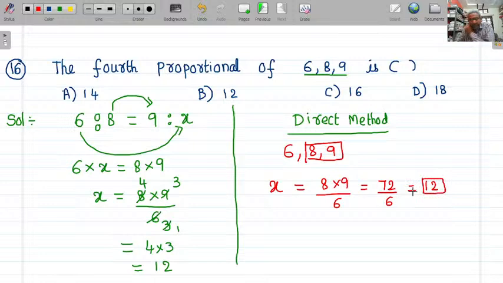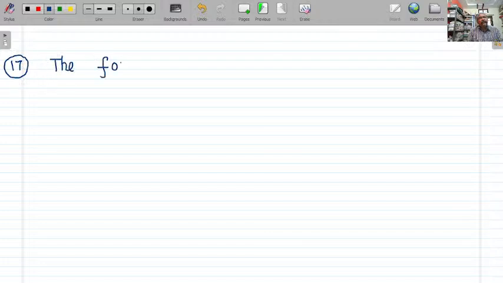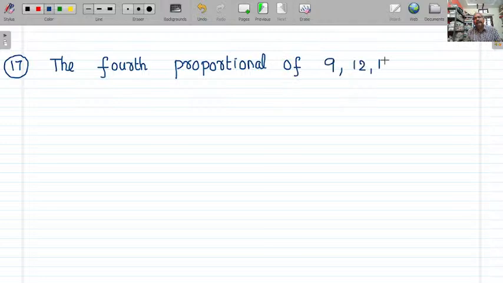Right. Let us move to another question now. 17th question. The fourth proportional of 9, 12, 15 is.